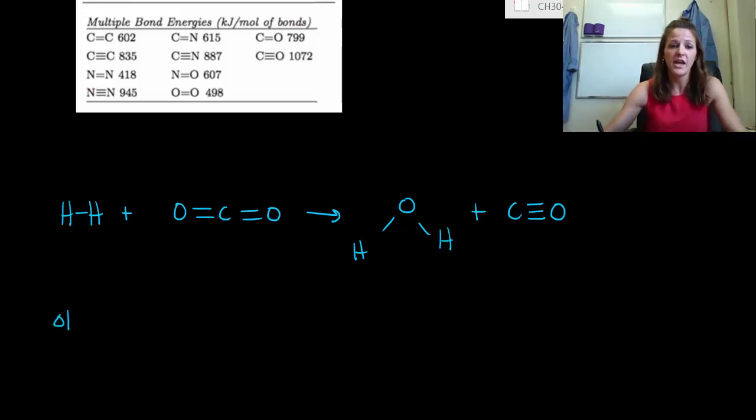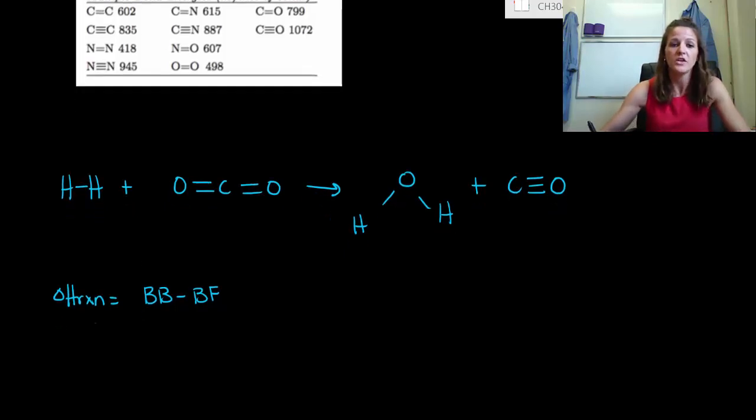So now remember, delta H of our reaction is equal to our bonds broken minus our bonds formed. So we're going to go through here and do that with this specific equation. So our delta H reaction, bonds broken: I have to break this H-H bond and these carbon-oxygen double bonds. So we're going to break a hydrogen-hydrogen and we're going to break two carbon-oxygen double bonds.